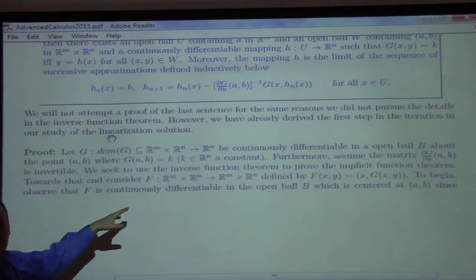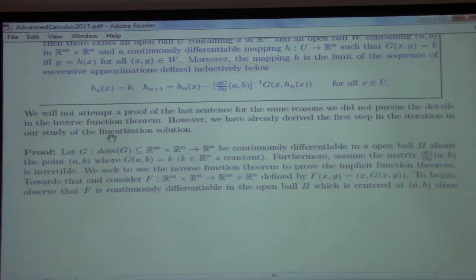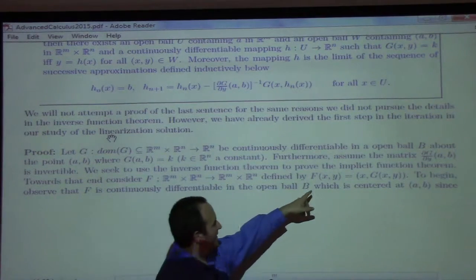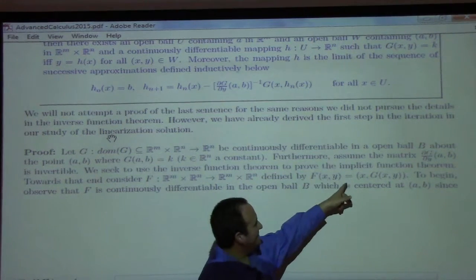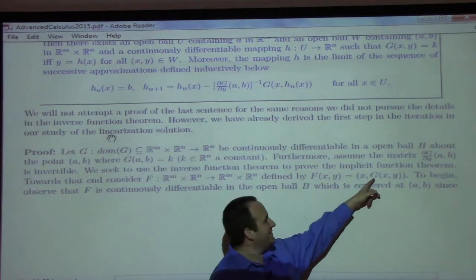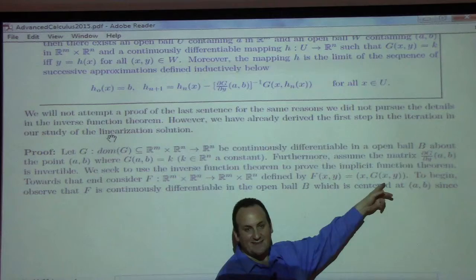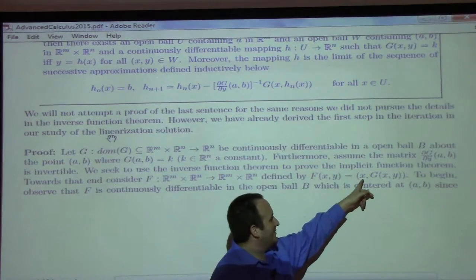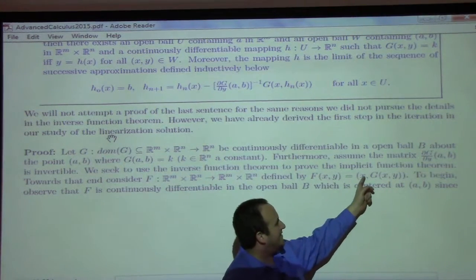Part of it is going to be the g function, the set of equations, and then you need something else to fill it out. So it's very simple: x is an m vector, g is an n vector, so you've got m plus n. And so there it is. You just define f(x, y) to be (x, g(x, y)).